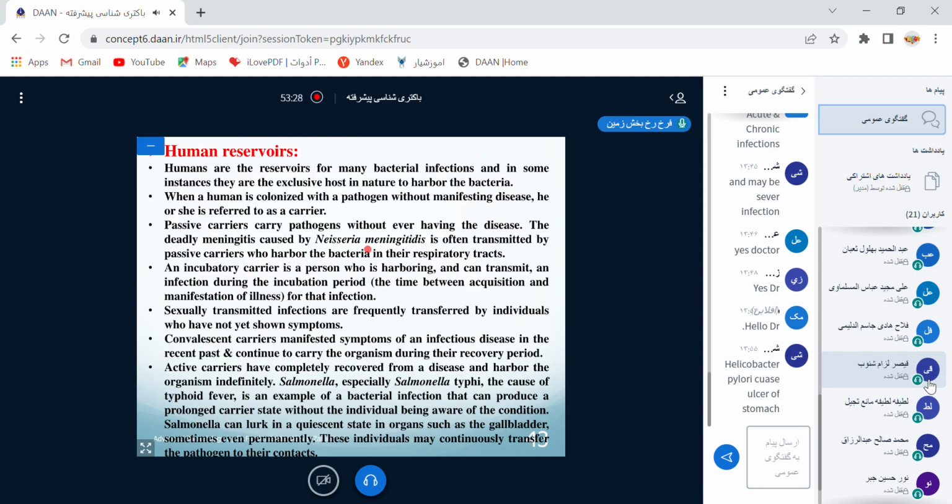The bacteria are harbored in their respiratory tracts.